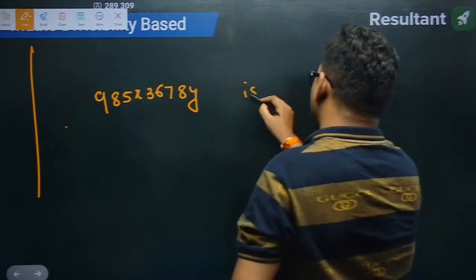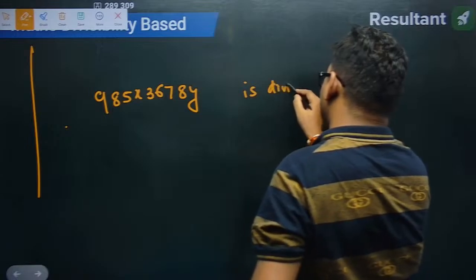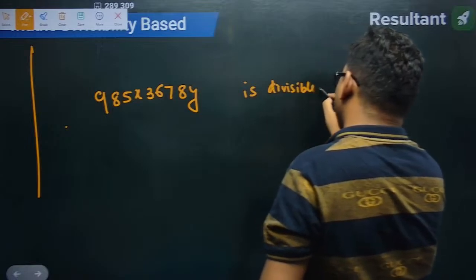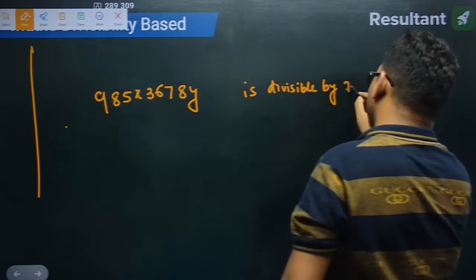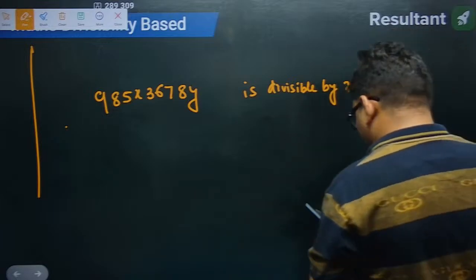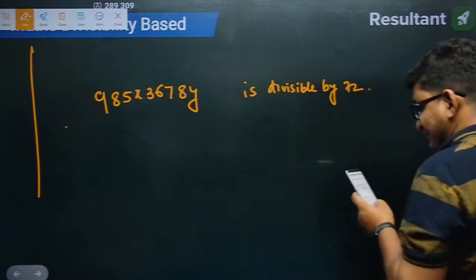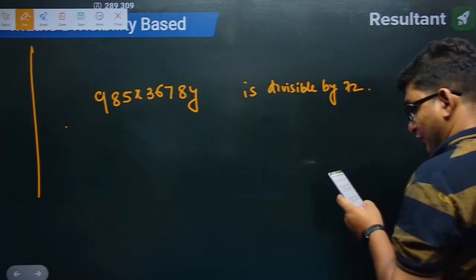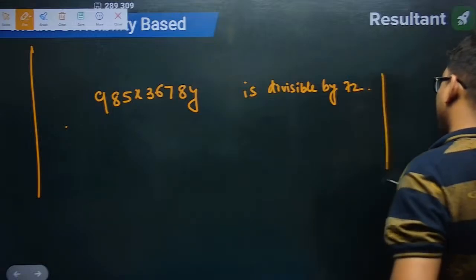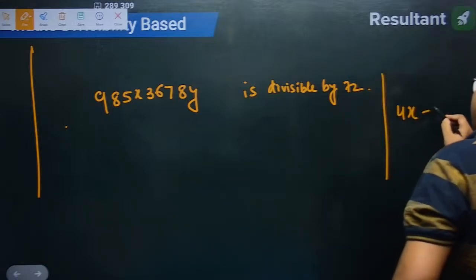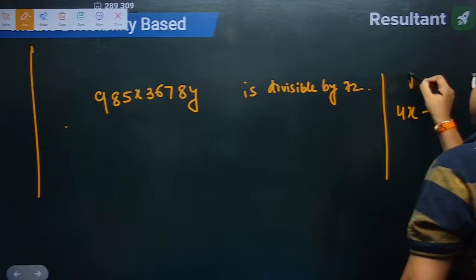The examiner wants to know the value of 4x minus 3y. Find the value of 4x minus 3y.